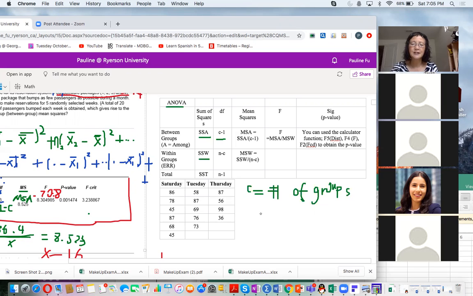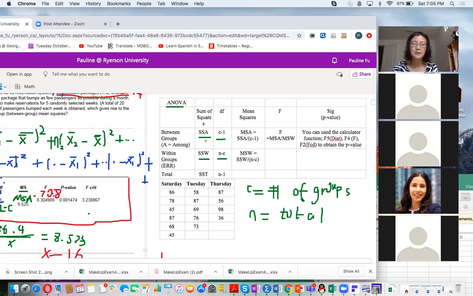What is N? N represents the total sample size. Total means add all sample groups together. Then you have this formula. I listed the formula here. What is MSA? It is just SSA divided by C minus 1.